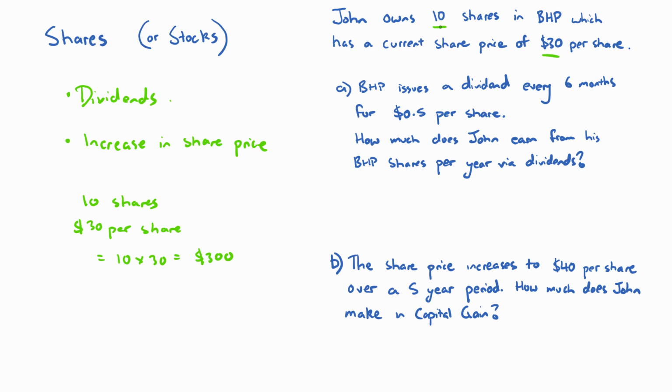Well, John owns 10 shares, so that'll be 10 multiplied by 50 cents, and that is equal to $5, but that is every 6 months, so that's per 6 months. So therefore, per year will equal 2 times 5, because there's obviously 12 months in a year, so this will occur twice.